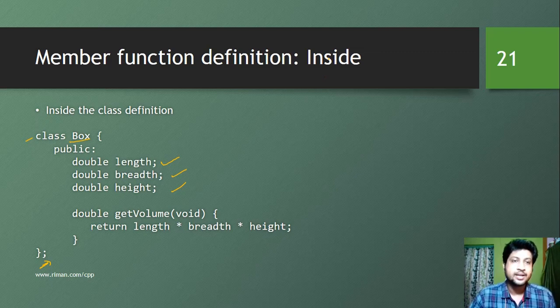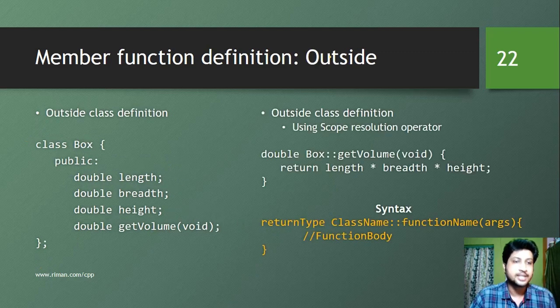There is a way in which we can define the functions outside the class. Let's look at that definition here. Here we have defined the function outside the class, that is, writing the body outside the class. We have the same example from the previous slide.